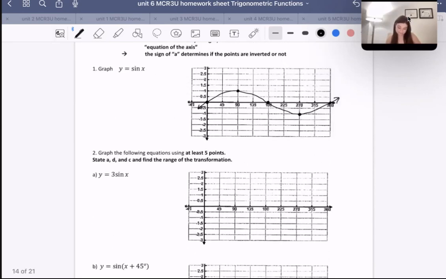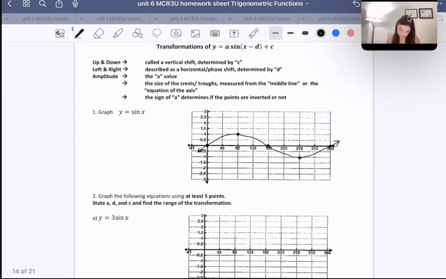Okay, well, let's see here. What are A, C, and D, first of all? A is 3. A is the number in front of the sine, and it's 3. And then there's no D or C, so we can just say D is equal to 0, and C is equal to 0, because I don't see them there. Now, A by default is 1. Keep that in mind: if there's no A value, it's just 1, because 1 times sine of x minus D plus C. With minus D and plus C it's 0.